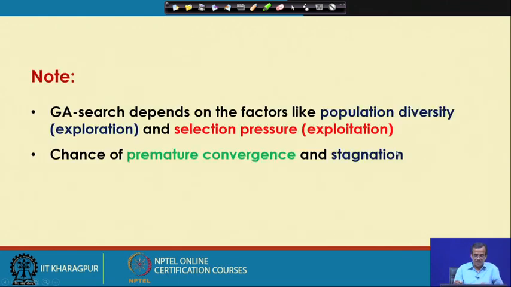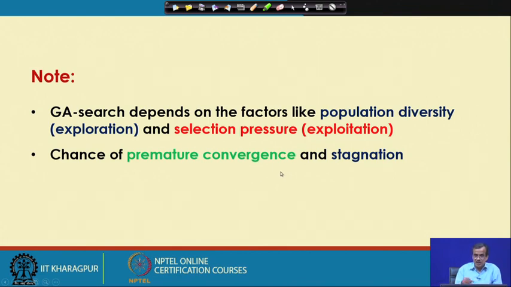Now, on the other hand, if the selection pressure is too much, there is a possibility he will be concentrating more on a particular area or two areas. He will be able to go into depth, he will be able to produce good quality papers in large numbers, and there is a possibility that he will get the promotion a bit early.